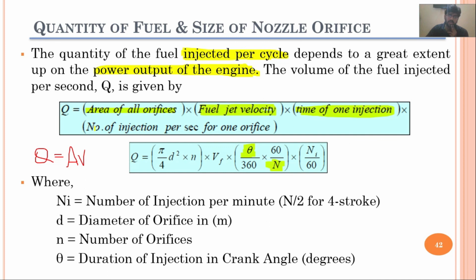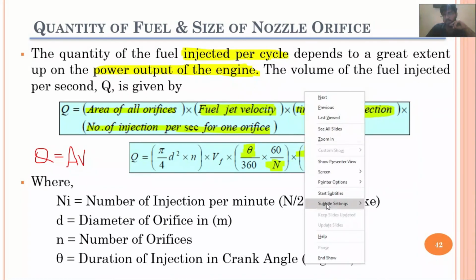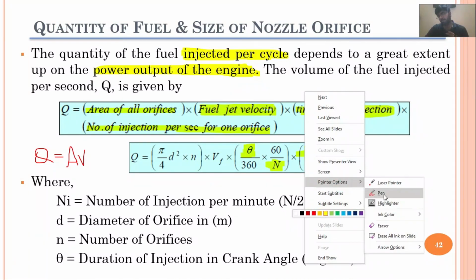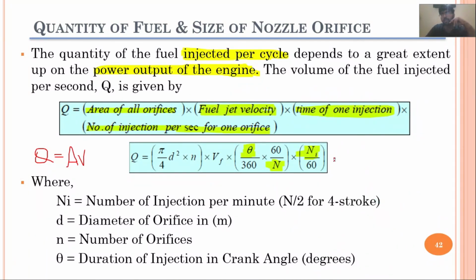Okay, the next factor is the number of injections per second for one orifice. Here we have used this Ni, but in the numericals of chapter 1 you might have used this factor as simply small n as well.